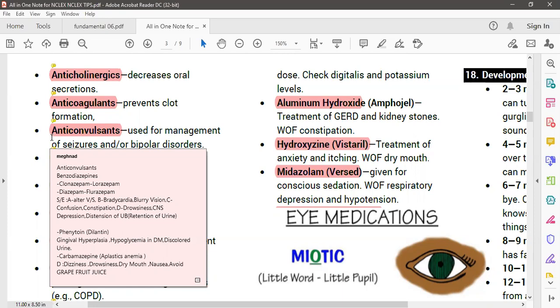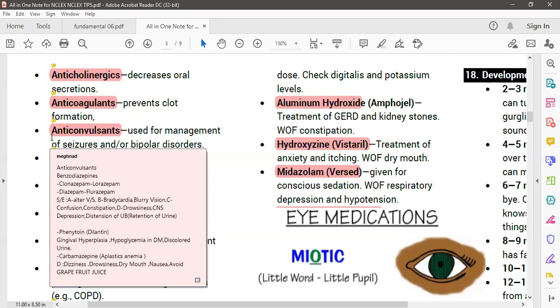Also, some patients complain of the lethargy, right?